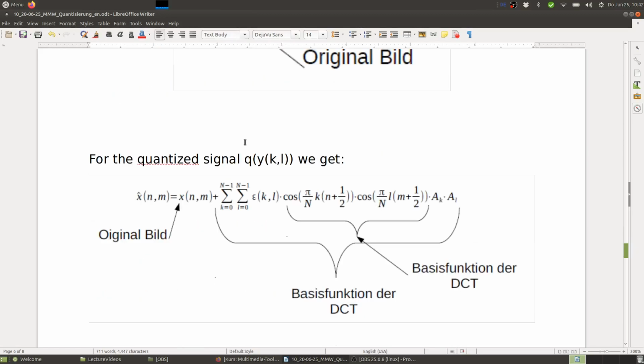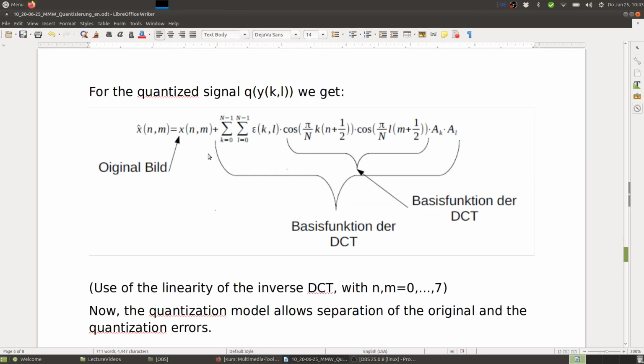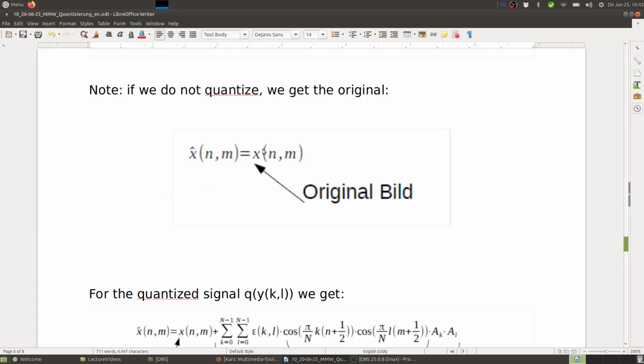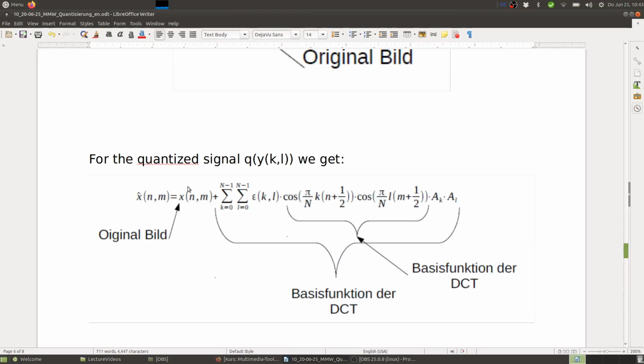So for the quantized signal, we now have our model, right? The model is y, and the Q of y is y plus epsilon, and we know y gives the original, right? So here X is equal to X hat if we don't do the quantization. So this is the first part, and then this is the plus epsilon part.